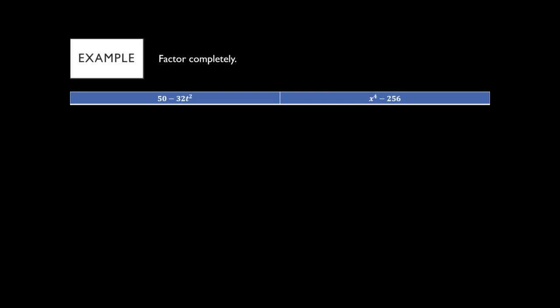So we're looking for a number that divides evenly into 50 and 32. I know that 2 goes into both of them. And then you want to check, is there something bigger? 4 does not go into 50. 5 does not go into 32. 8 doesn't work.